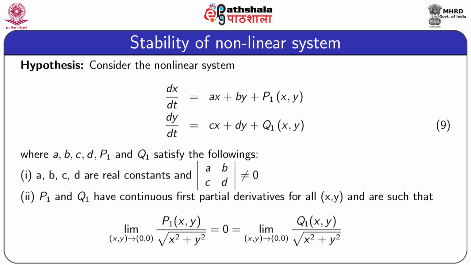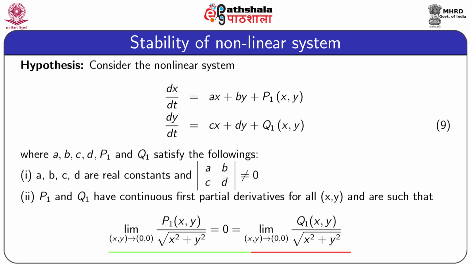And number 2, p1 and q1, which are the nonlinear part of the given differential equation, have continuous first partial derivatives for all (x,y) and are such that limit as (x,y) tends to (0,0) of p1 divided by square root of x squared plus y squared is 0.